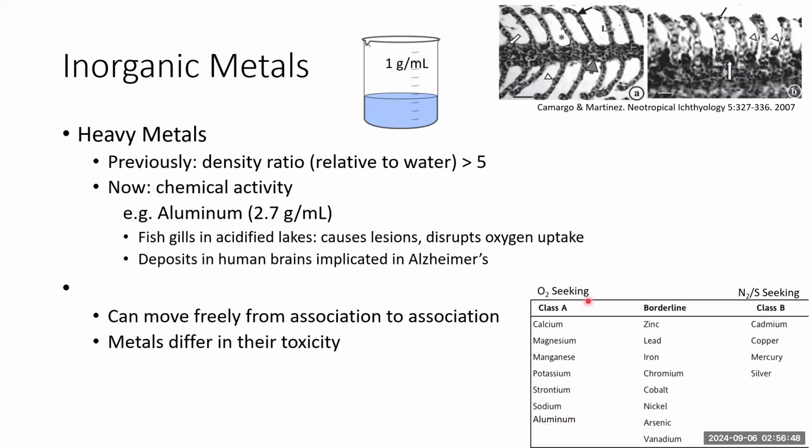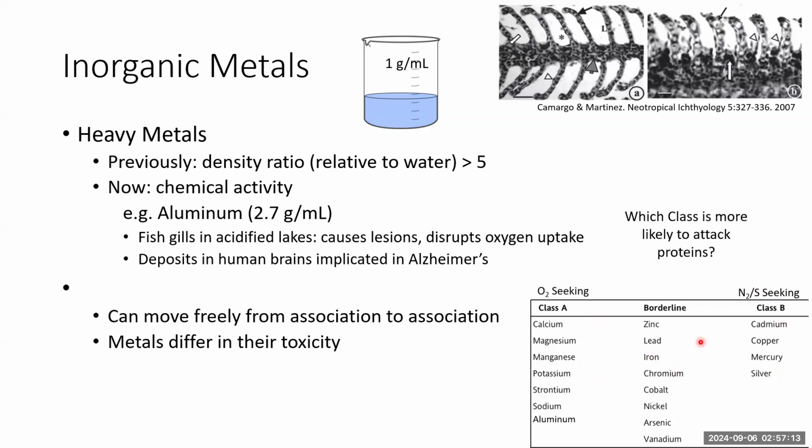These are metals that are going to react with freely available oxygen or even a hydroxide group. So calcium, magnesium, manganese, etc. These all tend to react more with oxygen-based compounds. Here are some metals that tend to react more with nitrogen or sulfur compounds. And then these are metals that can go either way. They don't necessarily show a particular preference for either oxygen or nitrogen or sulfur.